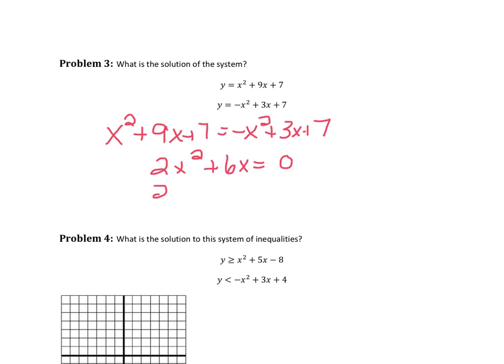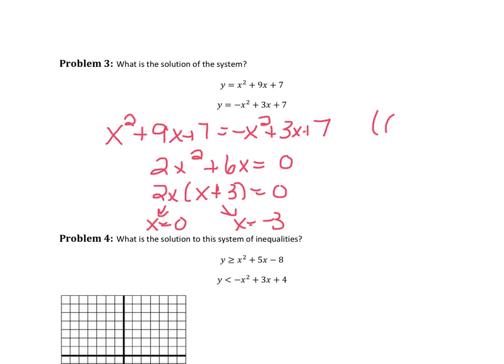I can factor out our GCF, greatest common factor of 2x, and I'm going to get 2x times x plus 3 equals 0. And then if I set each part equal to 0, this would give me x equal to 0, or x equals negative 3.